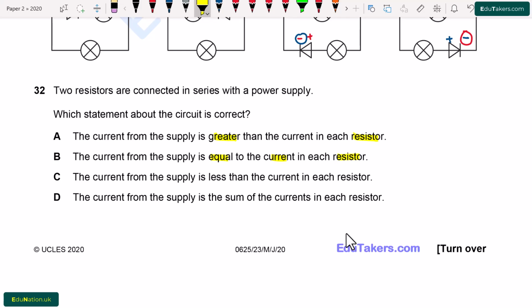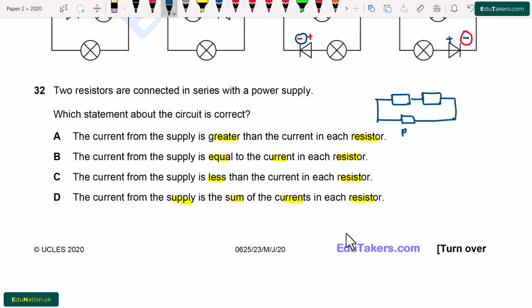C. The current from the supply is less than the current in each resistor. D. The current from the supply is the sum of the currents in each resistor. So, we have two resistors and both of these are connected in series. It means that there is only one path for the flow of current. There is also the power supply here.